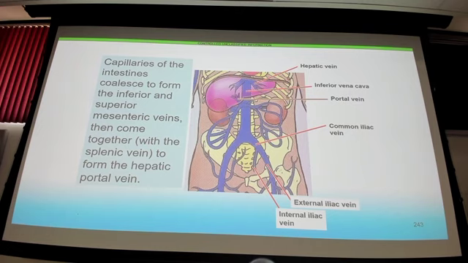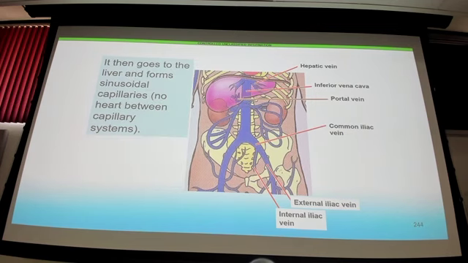Now, when you look at how this is happening, you have veins that are coming together from the splenic, different areas, but they're always going to meet up with the hepatic portal vein to go into the liver. So it then goes into the liver and goes into those sinusoids. And I know that y'all are like, yeah, I know the three parts of these sinusoids.